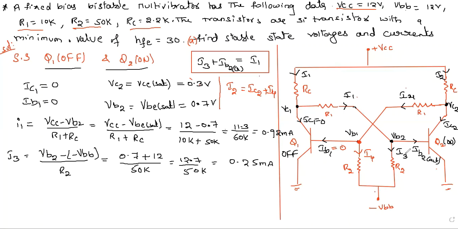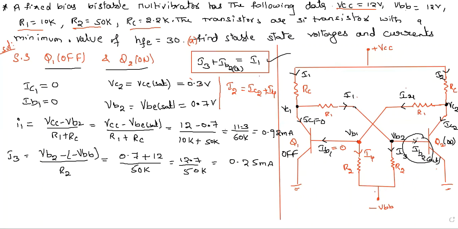Here I know the value of I1, and I know the value of I3. But from this equation, IB2 is nothing but I1 minus I3. If I apply nodal analysis at this point, I1 is entering, I3 and IB2 are leaving.